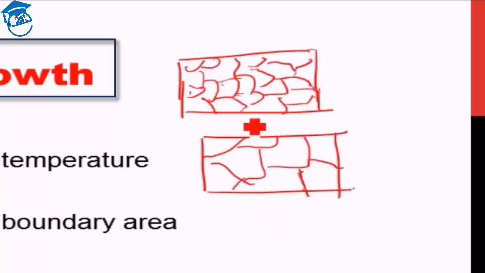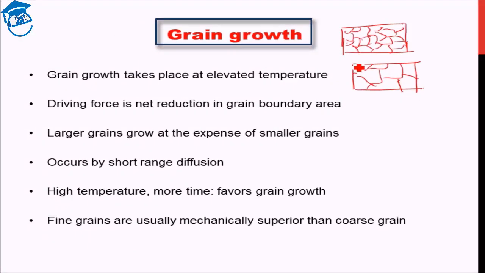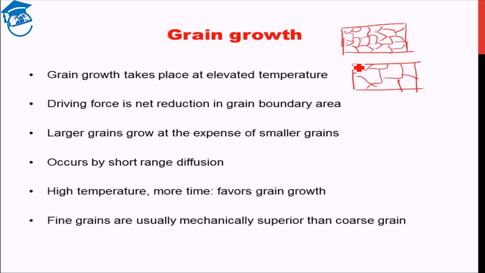This is so because the grain boundary is a region of high energy, so the material wants to get rid of energy. It will try to reduce the grain boundary area. How can it do that? By consuming smaller grains into larger grains. The larger the average size, the less is the effective energy due to the grain boundaries.